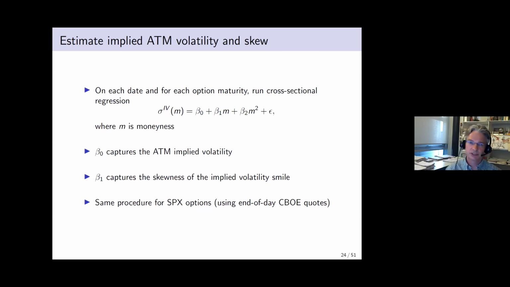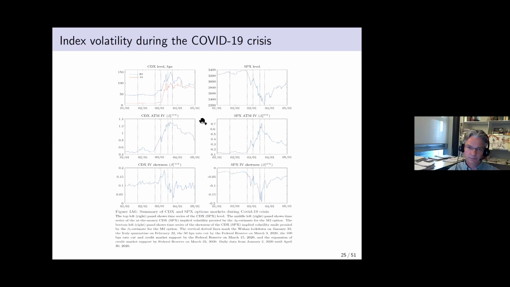So we have 3 maturities. For each of the 3 maturities, we run a regression of the implied volatility on moneyness and moneyness squared. So beta 0 is our estimate of the at-the-money implied volatility. Beta 1 is our estimate of the skew, and we're going to focus on those two numbers.